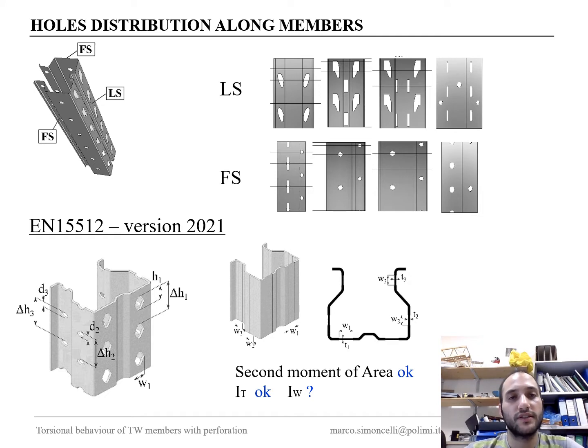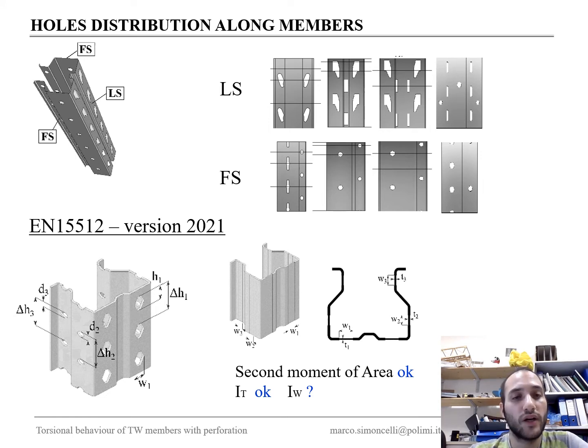You can see in this slide we have a regular perforation system. Regular means the distance between holes is fixed along the members. You can see that we can also have different shapes of the perforation. The question is how these perforations influence the behavior of the members.